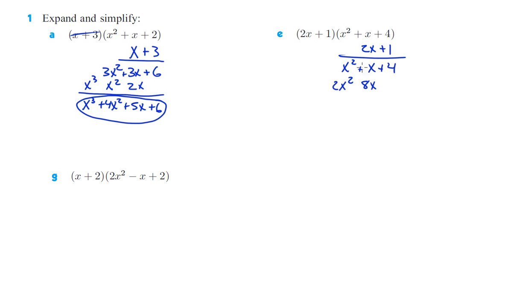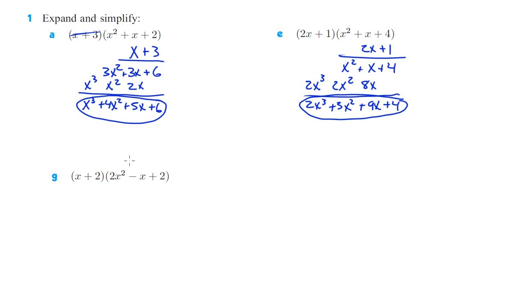That's 2x squared. And then 2x times x squared is 2x to the third, because there's x to the first and x to the second is x to the third. Okay, so then we add them all up. 2x cubed plus 3x squared plus 8x and x is 9x, and then plus 4.